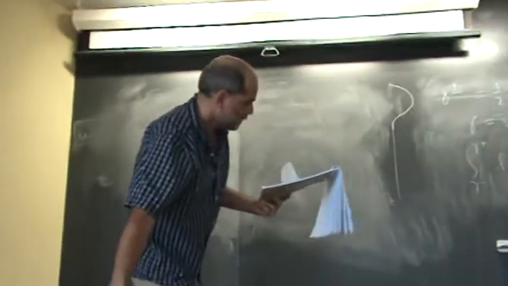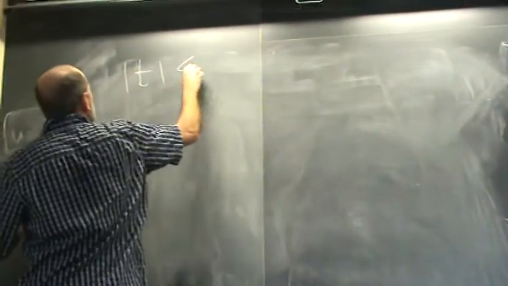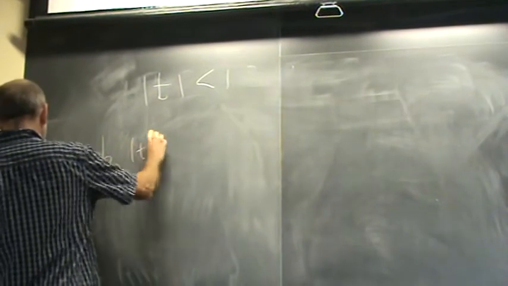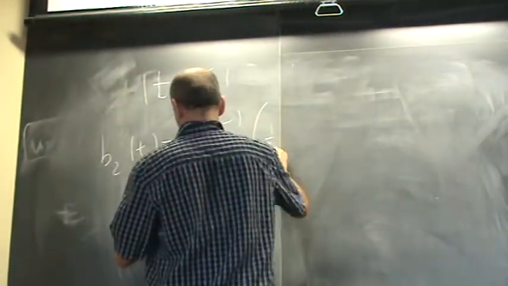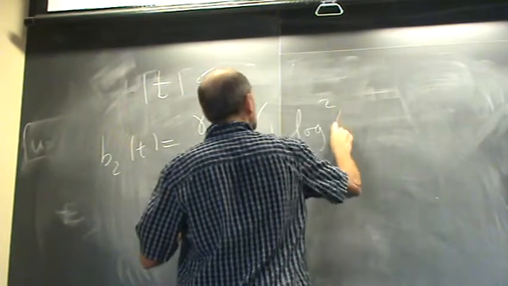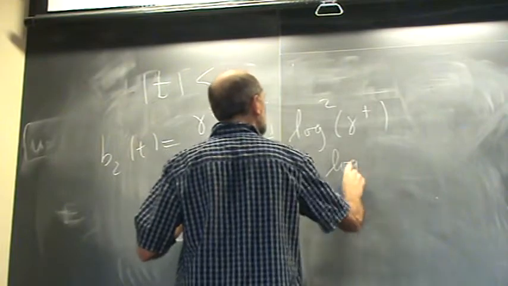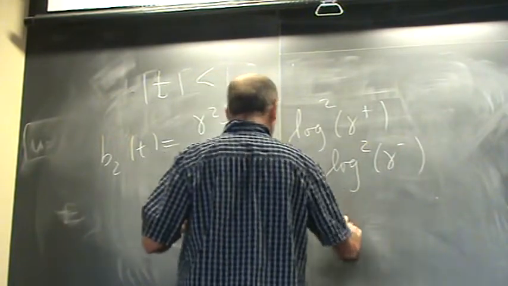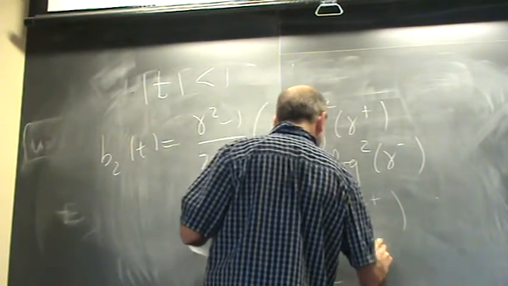So for n equals 2, still this is all happening in the complex numbers. So if t is less than 1, B2 of t, we can write it like this. Li_2 is the usual dilogarithm.